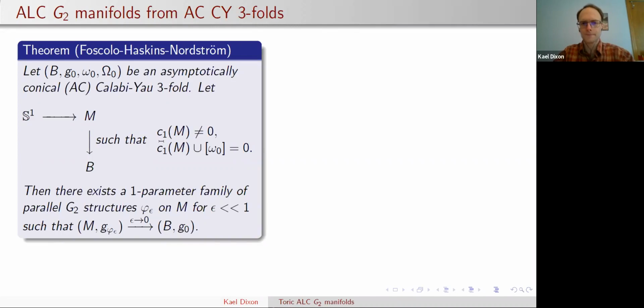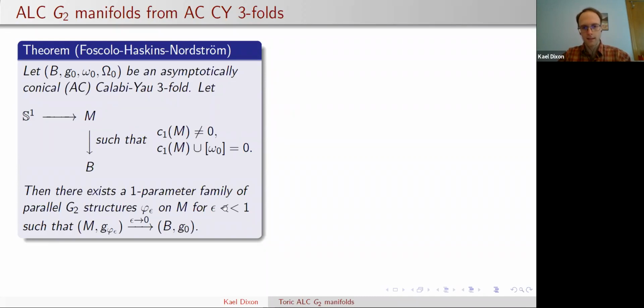So in order to get a non-trivial bundle, you want a non-trivial first Chern class. And then they also need this topological condition that the first Chern class pairs trivially with the symplectic form downstairs. So once they have that, they create a one-parameter family of holonomy G2 structures on the circle bundle.